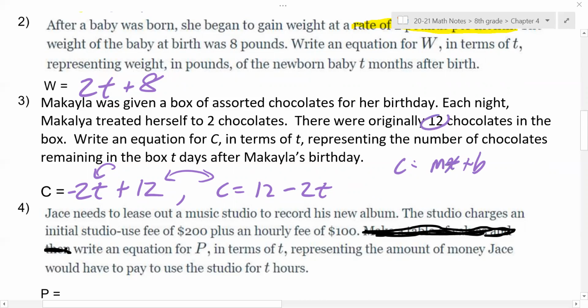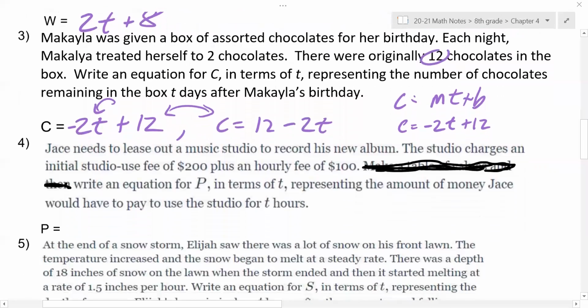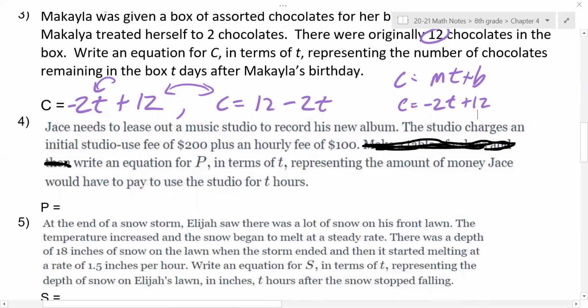So they're using t here. So we found that we are reducing, which is subtraction, by 2 for each day. That's coming from the 12 chocolates that were originally available. Those are probably the harder questions on it. There's a couple of the questions on the homework for you guys today on that.